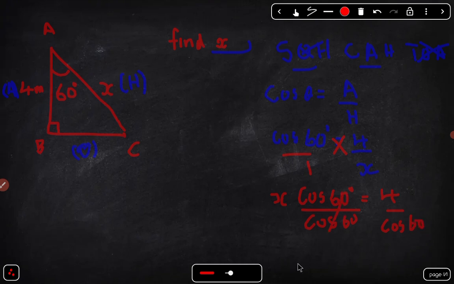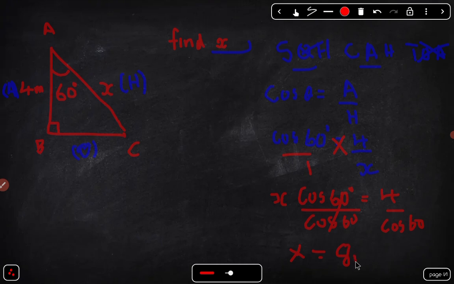This side you cancel, X will be equal to what? 4 divided by cos 60. And this gives us 8.